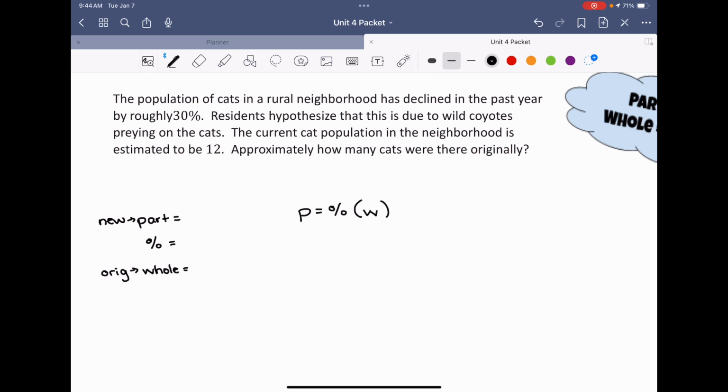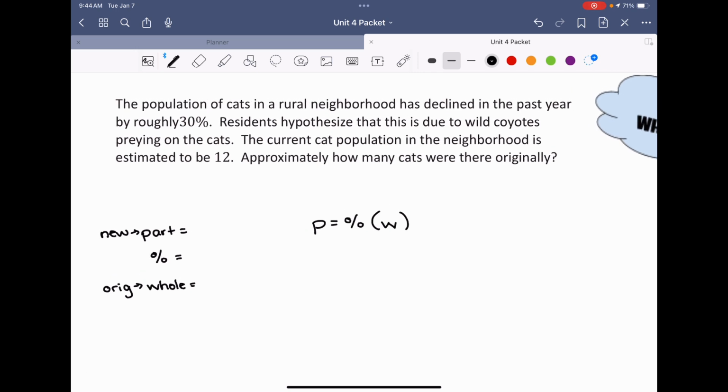Let's go back and find our key values. It says the neighborhood, they have declined. So that is a key word that goes with our percent. It tells us that currently, which means right now, they are estimated to have about 12 cats. And it wants to know how many originally.